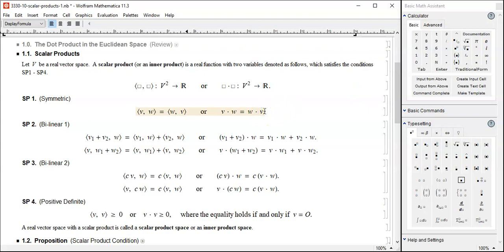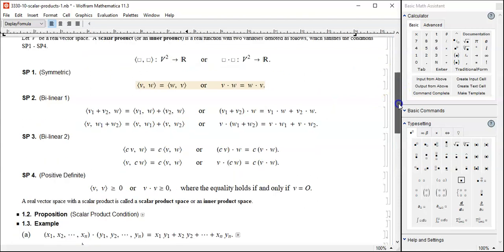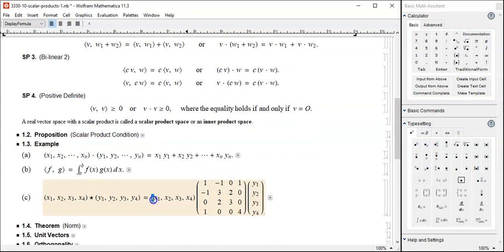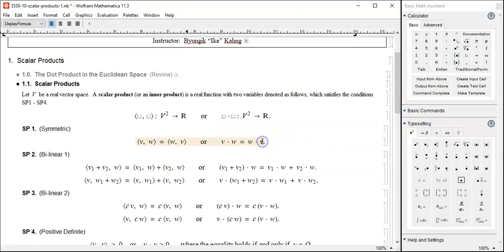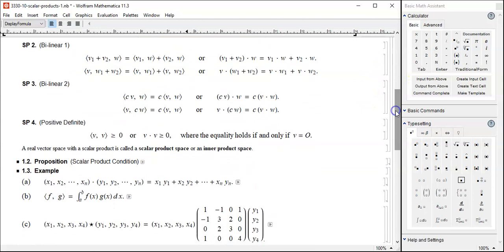Symmetric: switch x and y, and then can you prove that if we switch x's and y's and do the matrix computation, you get the same thing? Well, you're going to have to do some brute force matrix computation, but it'll turn out the same. How about these properties?